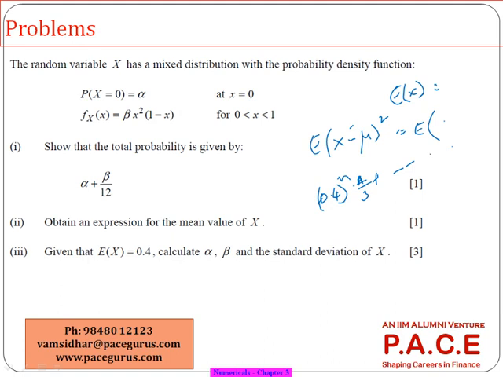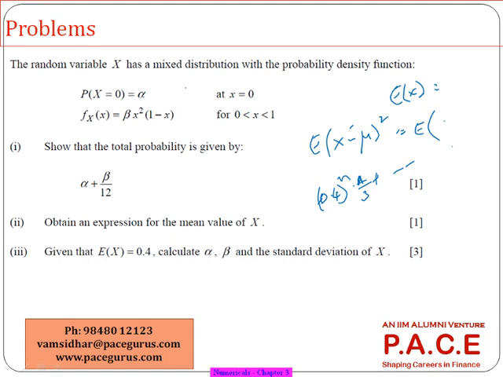See, we have to find out for both of them, right? Expectation of x squared minus expectation of x whole squared was there. The expectation of x whole squared, expectation of x is 0.4. That also has to be, so it can't be 0 there.